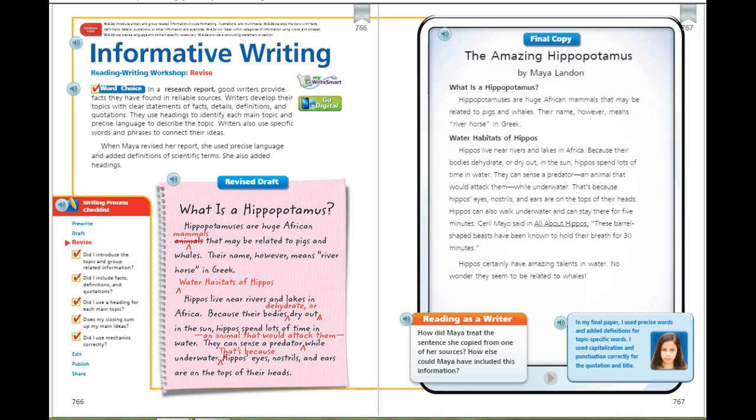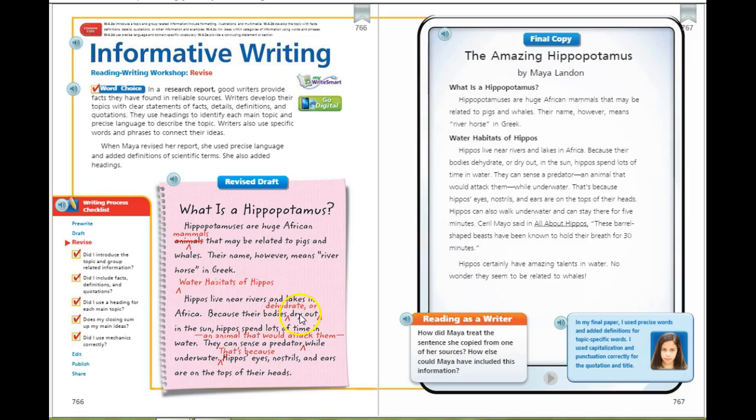Okay, this is Maya, and she has revised her report, and she used more precise language and added definitions of any scientific terms. She also added her headings, because remember, that's a very important feature of a research report. So, here we have, instead of animals, she used more precise language with mammals. Here's her heading, water habitats of hippos.